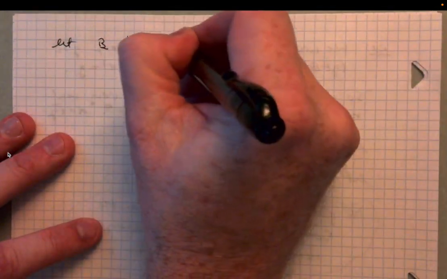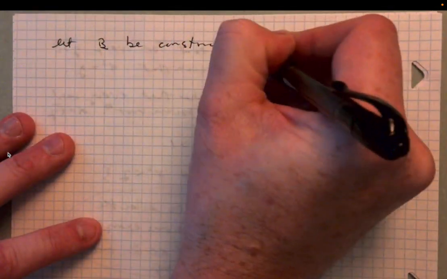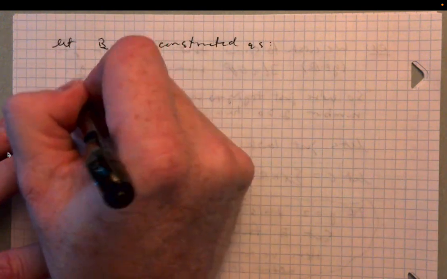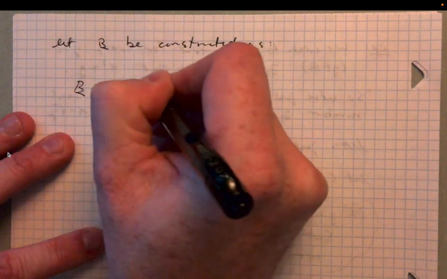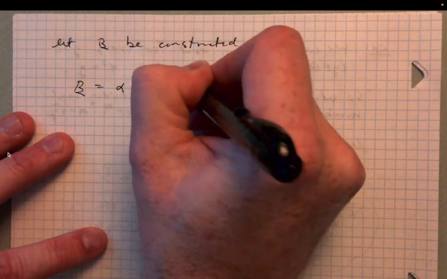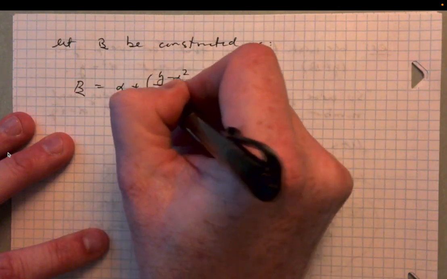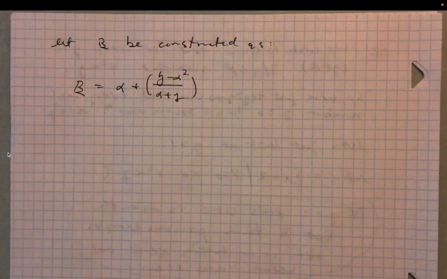So let's do this quick. We'll say beta is equal to alpha plus y minus alpha squared over alpha plus y. Really similar to what we did before. I think before we would have said p plus 2 minus p squared over p plus 2.